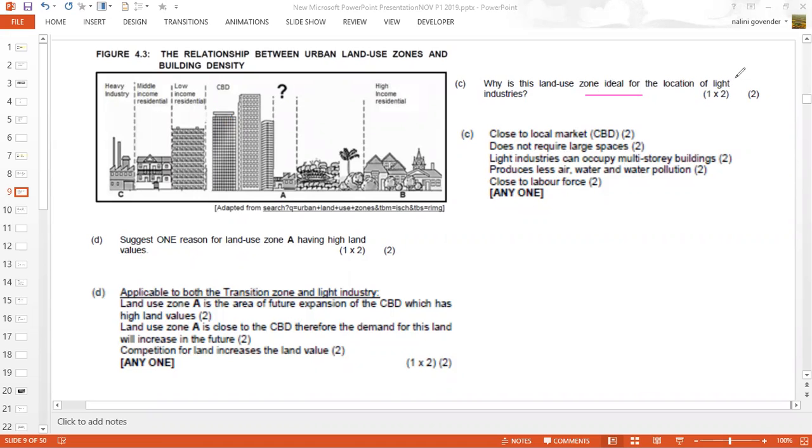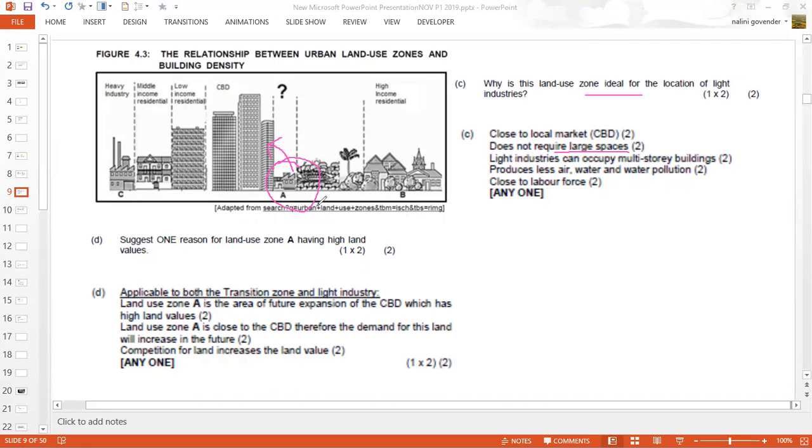Light industries are small. They do not require large spaces. They require small spaces. 2 marks is yours. This is speaking about the area labeled A. That's the area they're speaking about. Why is it ideal for the location of light industries? It needs to be close to its customers, the customers from the CBD.